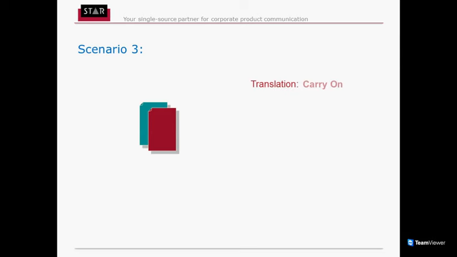Then we have scenario 3. There is the language pair and the translation is done directly in the language pair, maybe in the intranet. And then the reviewer, Ms. Glott, just opens the language pair and does the review.